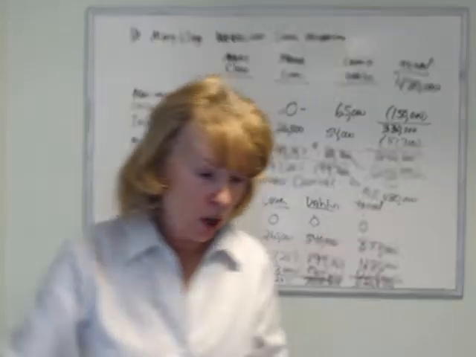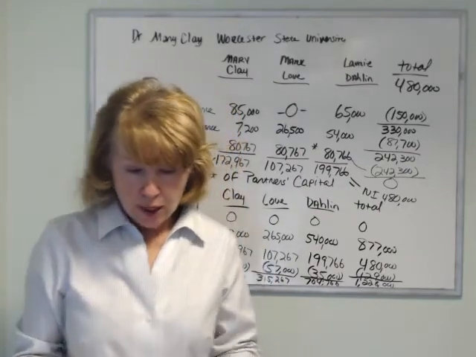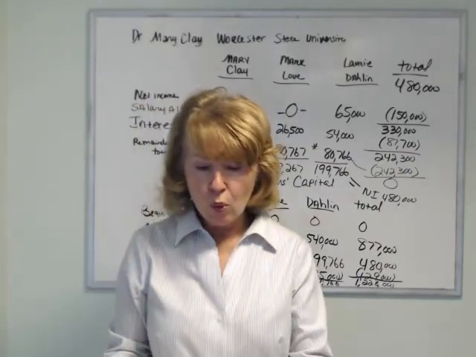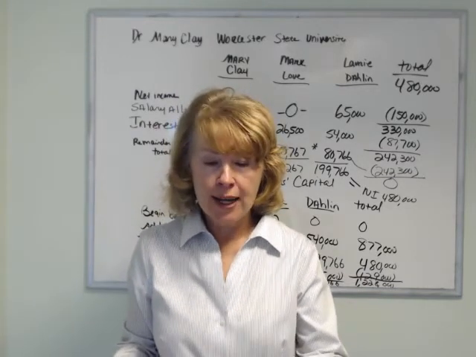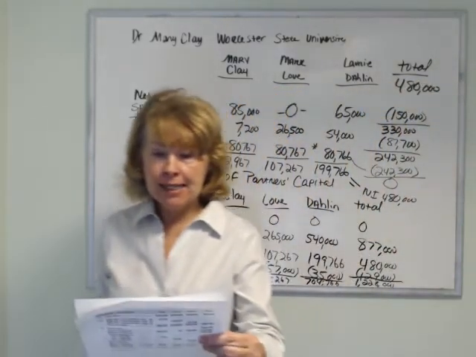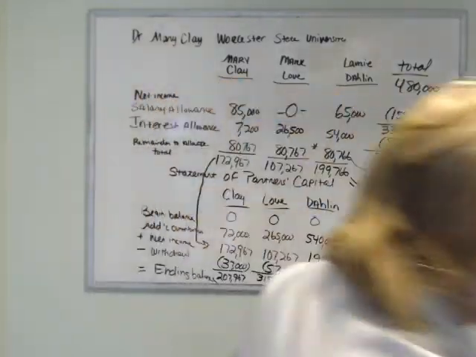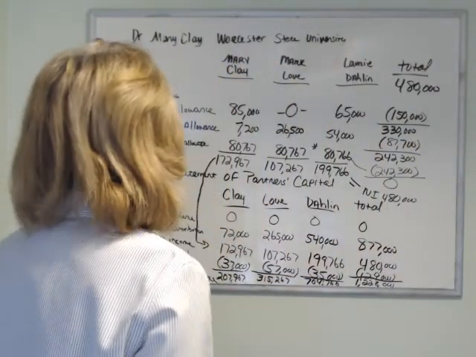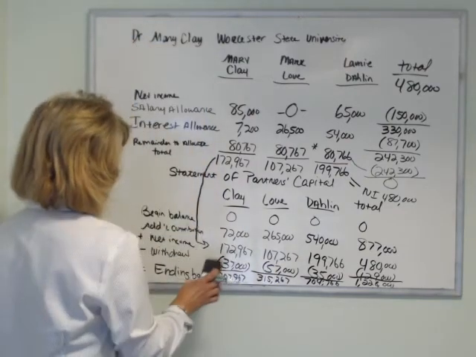Okay, so here's the problem. Number 3, what if the net income was $200,000? Show the allocation of net income for Plan C. Okay, it's only looking for Plan C. So let me change this.